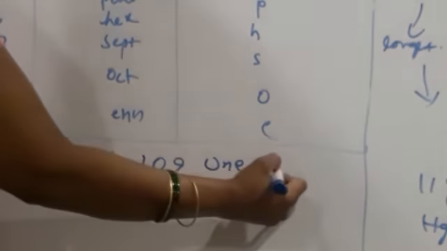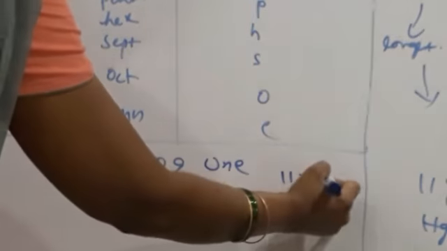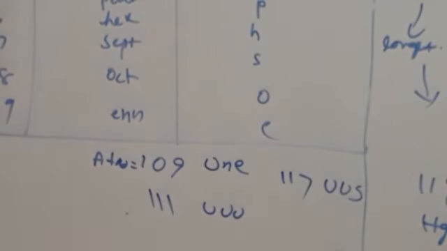If atomic number 111 is there, its name is Unununium, abbreviated with U. If 117 is there, Ununseptium. Like this, we have to follow the IUPAC notation.